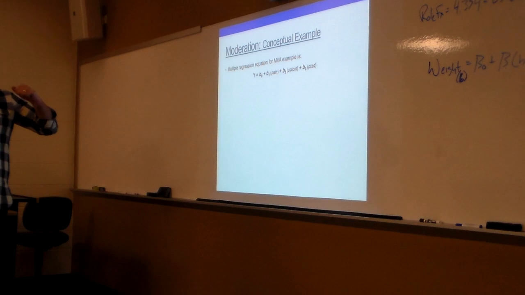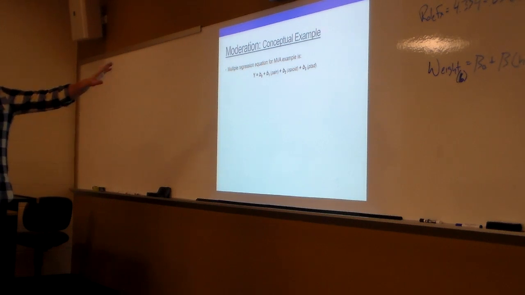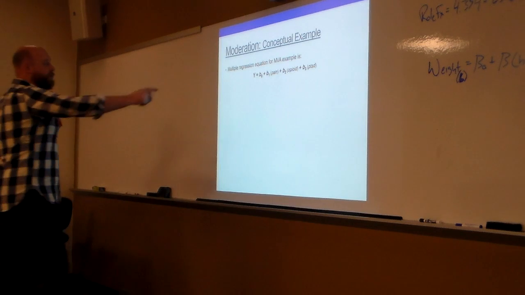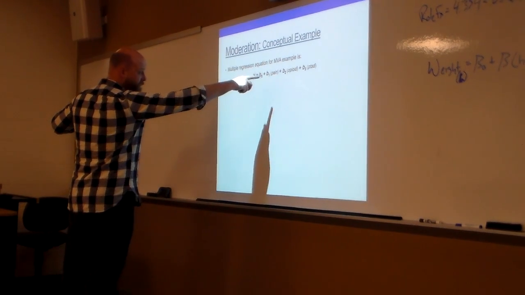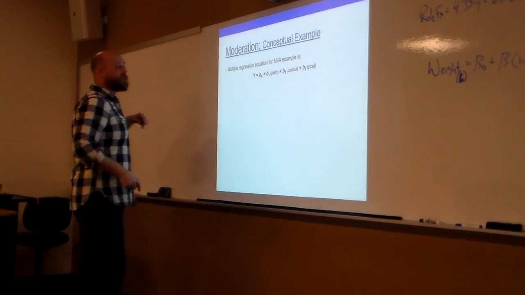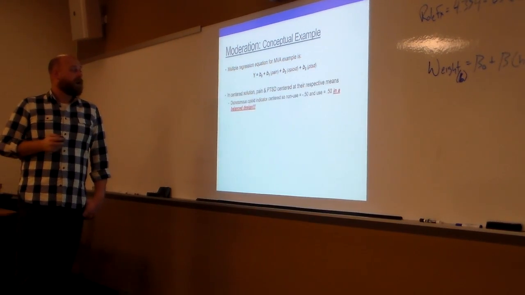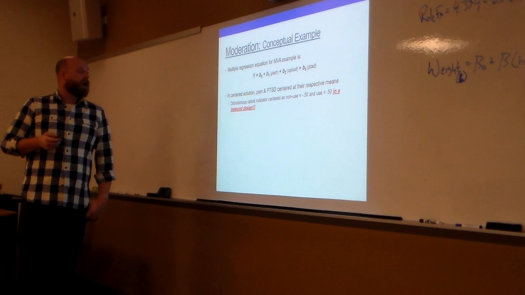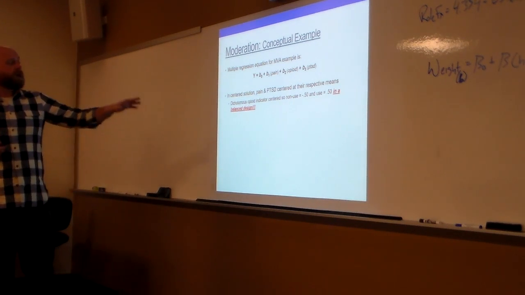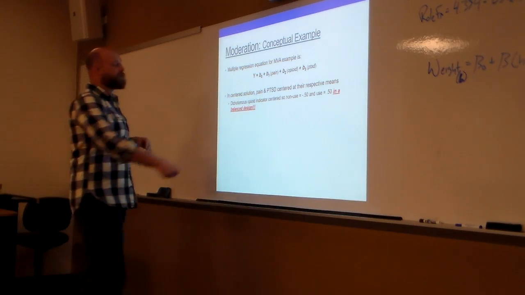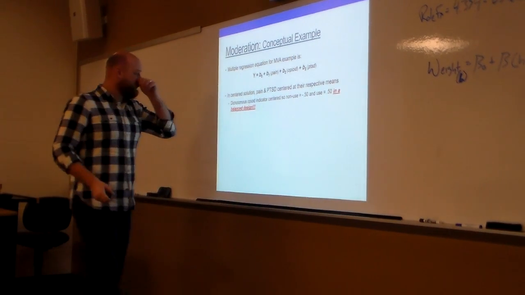Okay. So for our model up here, our multiple regression equation is our intercept, a coefficient for pain, coefficient for opiate use, and a coefficient for PTSD. In this centered solution, we're going to have pain and PTSD centered at their respective means, so the mean of pain and the mean of PTSD.